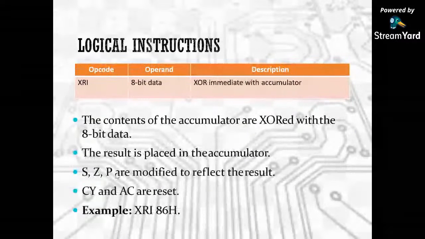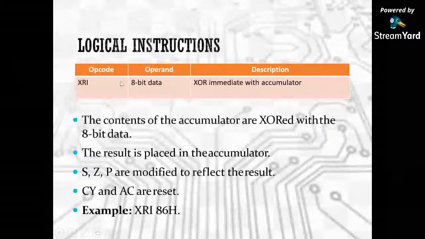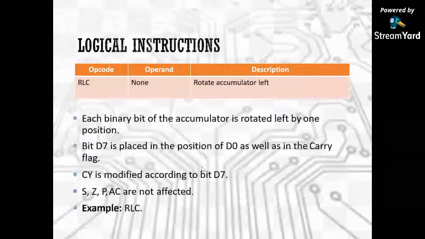So we have XRI, XOR immediate with the accumulator. CY and AC are both reset. Of course it is an 8-bit data operation, and the result will be placed in the accumulator.